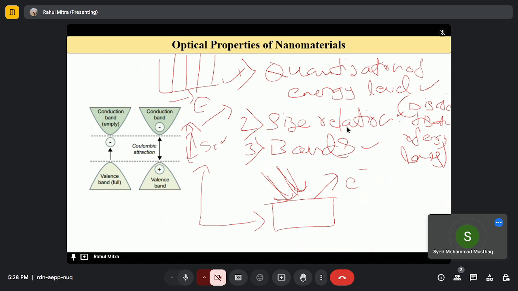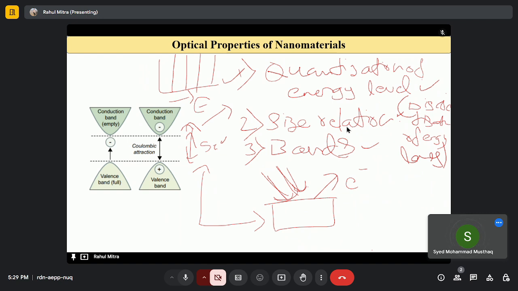So on application of energy, right? We're applying electromagnetic radiation, and what happens is this energy is taken up by the electron, and the electron will jump from the valence band to the conduction band.